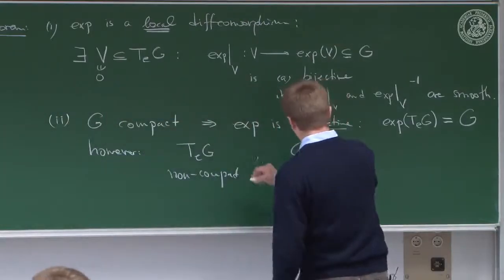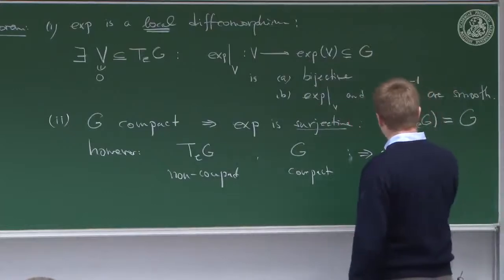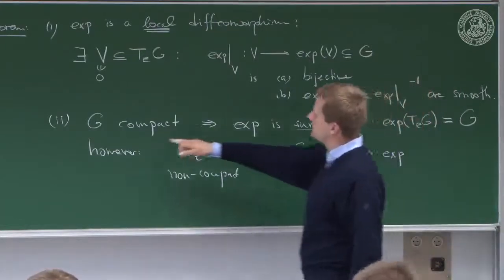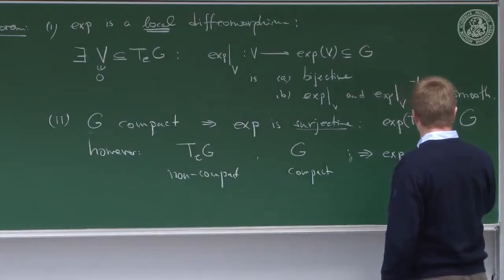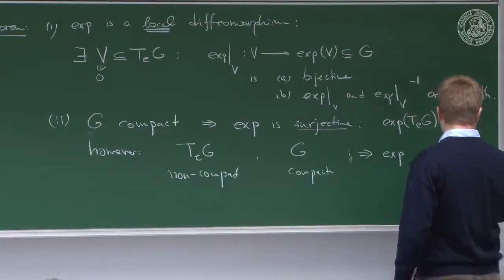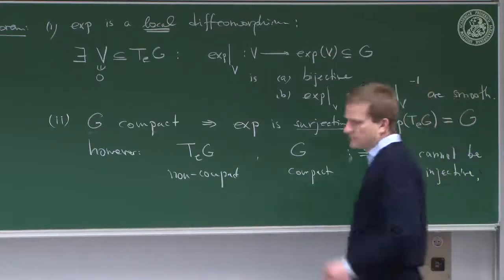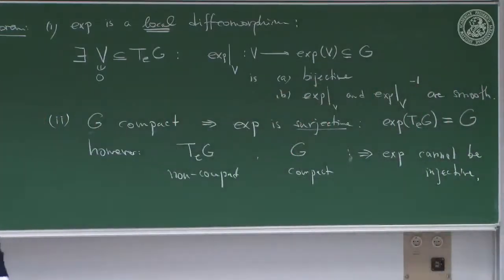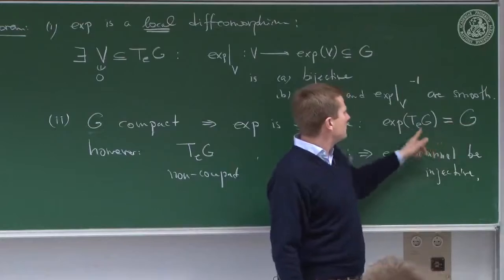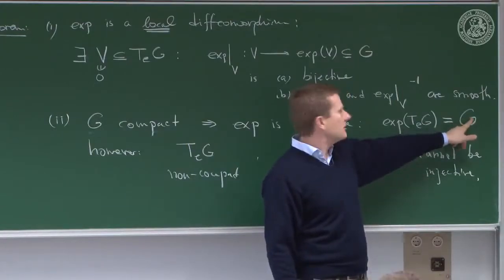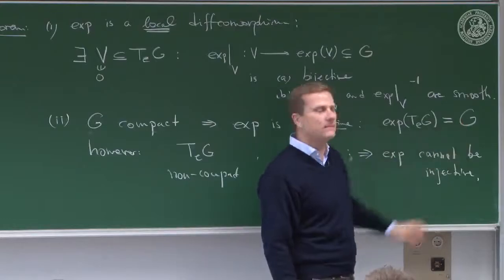Hence it follows that exp, in this situation where G is compact, cannot be injective. So that means you get the whole group, but you will hit elements at least twice.